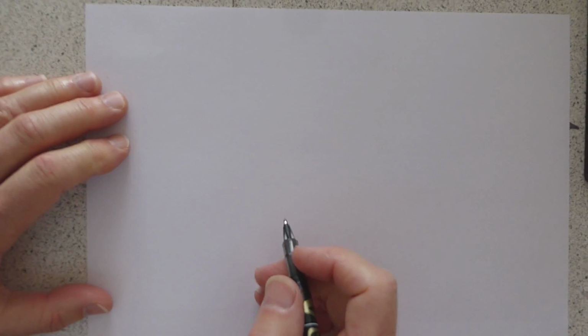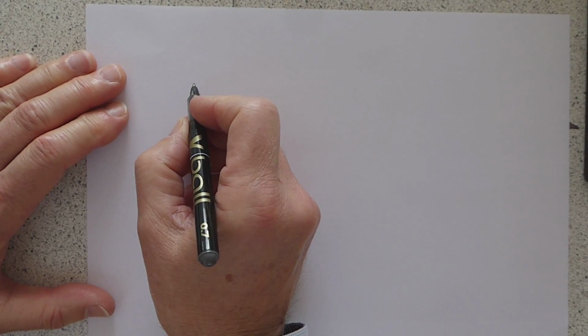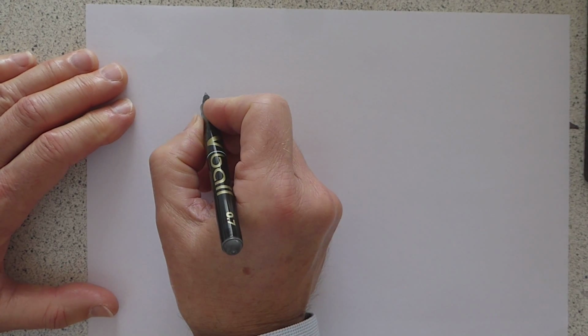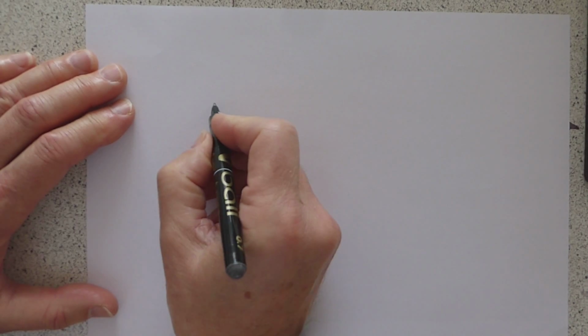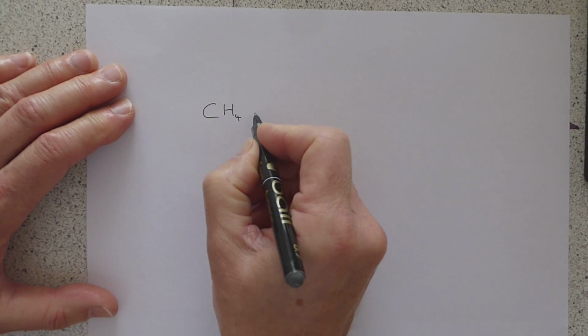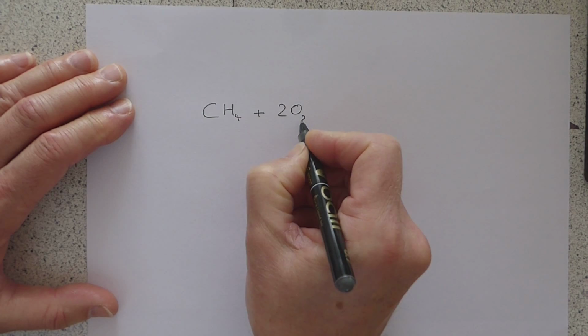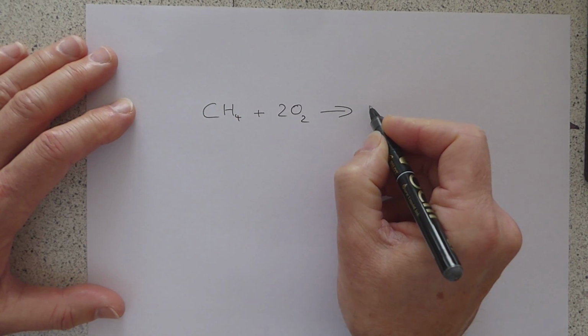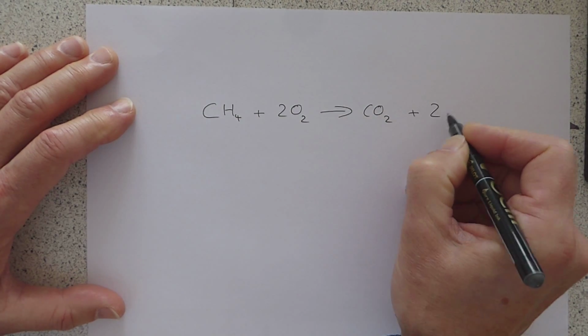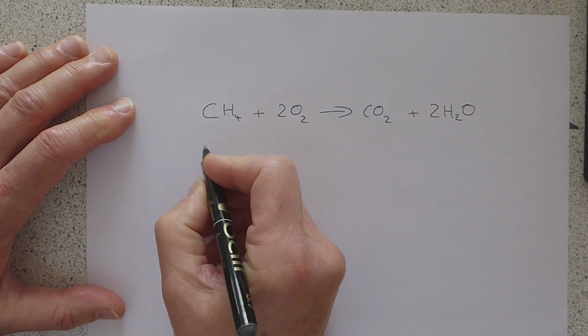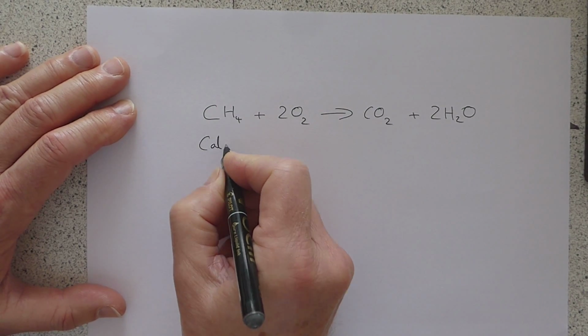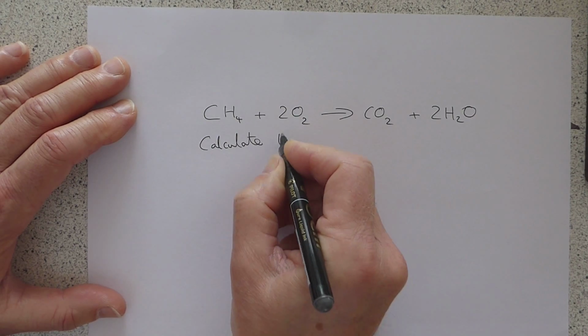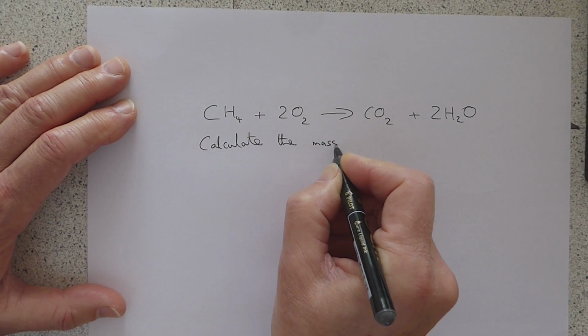Slightly more complex is when the stoichiometry is not 1 to 1. So let's take an example, I'm trying to think of a simple one to do. Let's go for methane gas plus 2 molecules of oxygen makes CO2 plus 2H2O. And let's say the question is calculate the mass of water.